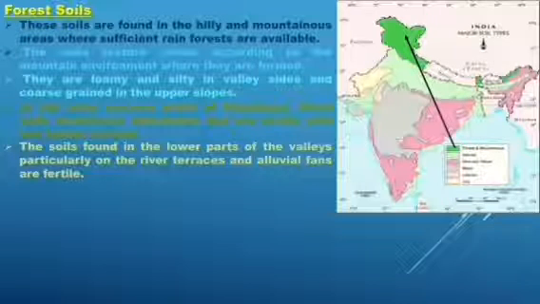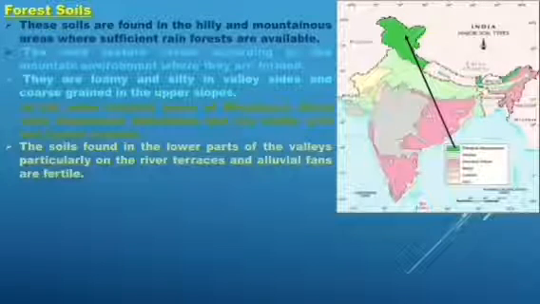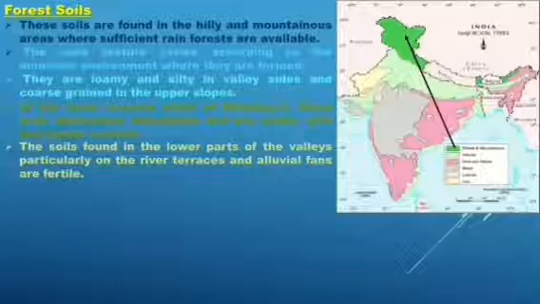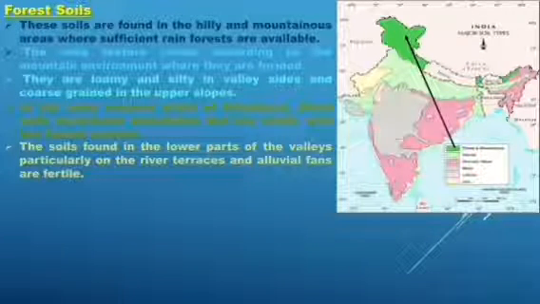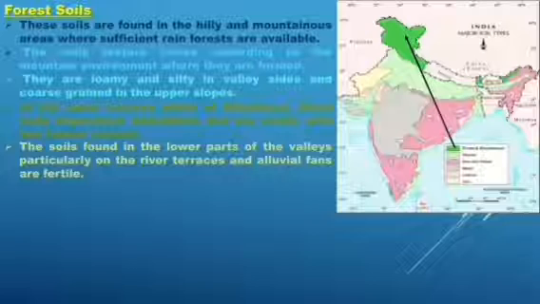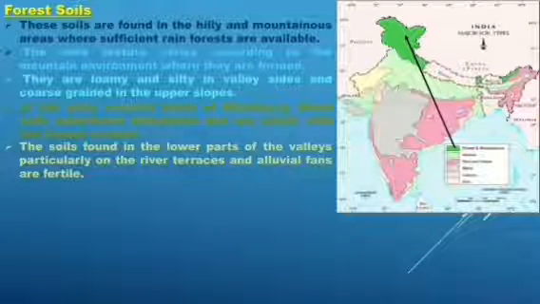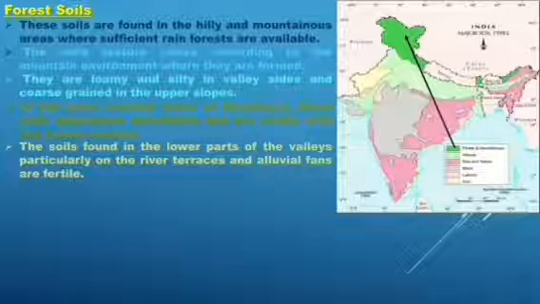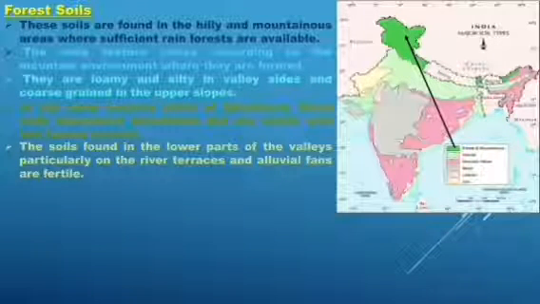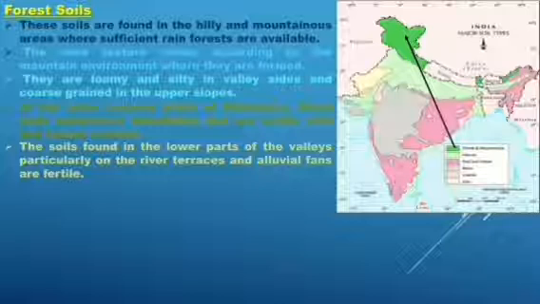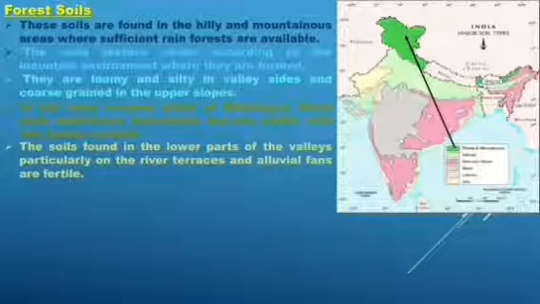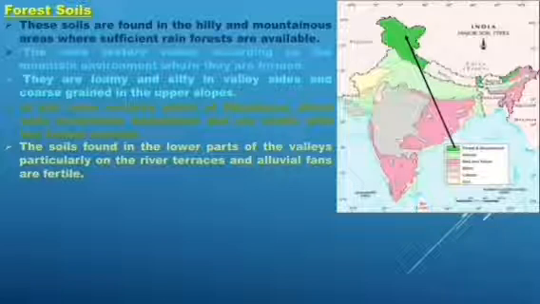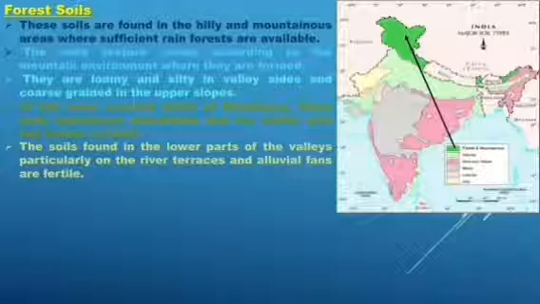They are loamy and silty on the valley side. As already told, particle sizes are small on the lower side and coarse-grained, meaning big-sized, on the upper slopes. On the upper side of these mountains, due to glaciers and running water, the soil is always eroding downward.